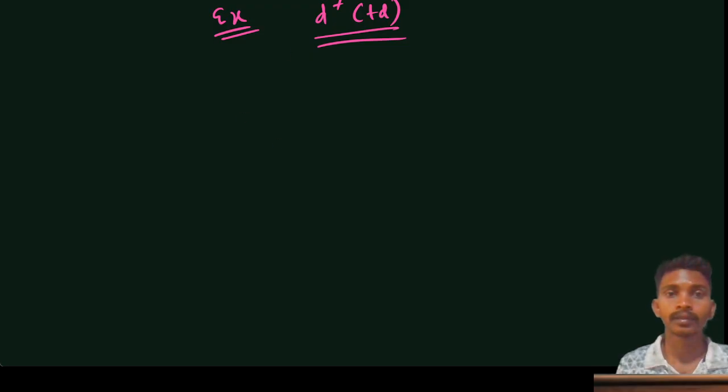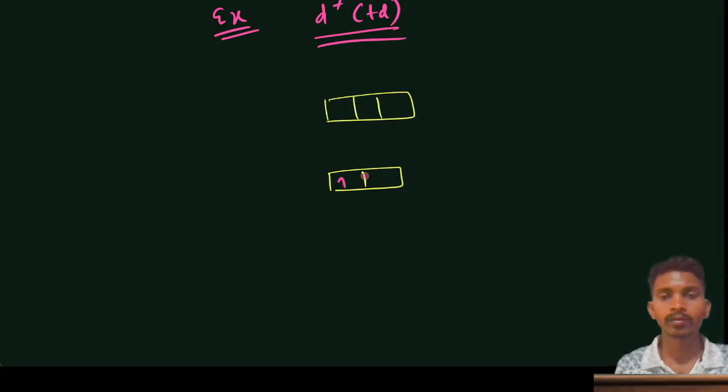We see here tetrahedral, 1 2 3 4 5 6 7. So this is non-degenerate, so non-degenerate or doubly degenerate.